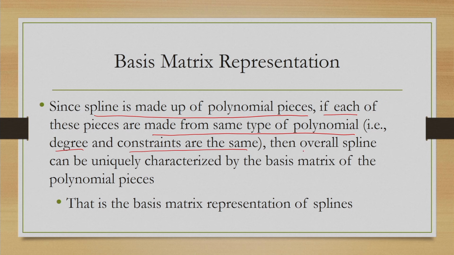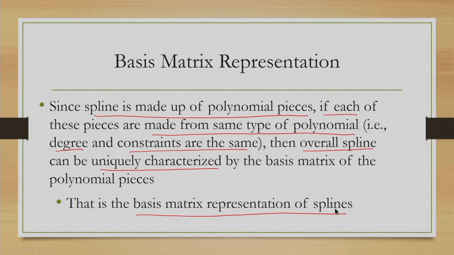So, then the overall spline can be uniquely characterized by each piece, and since we have already mentioned that a polynomial piece can be characterized by the basis matrix, the basis matrix can also be used to uniquely characterize the entire spline. So, when we are representing a spline, we can simply represent it in terms of the basis matrix. That is the basis matrix representation of spline.